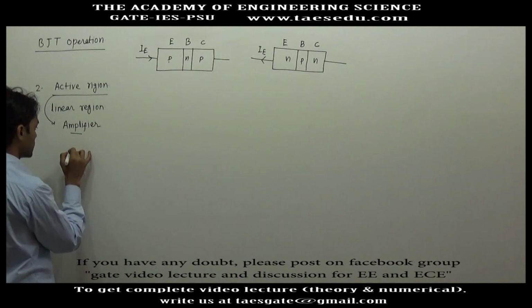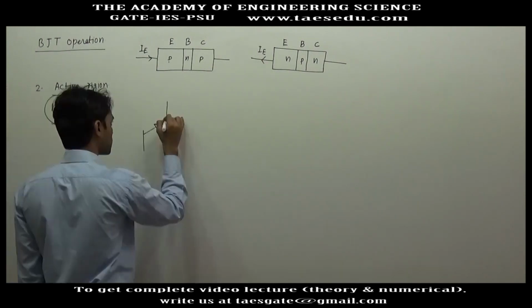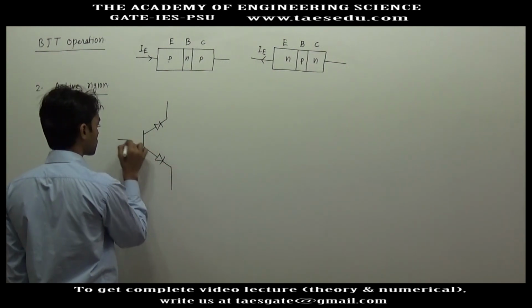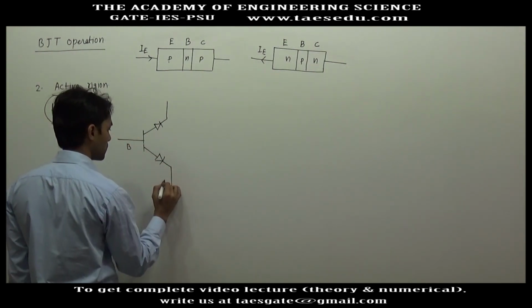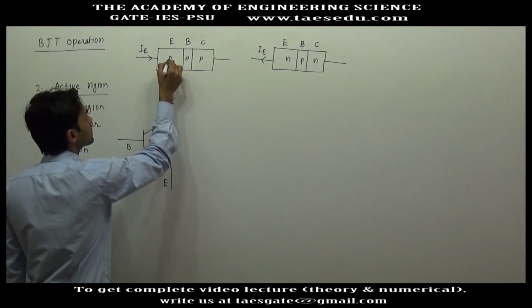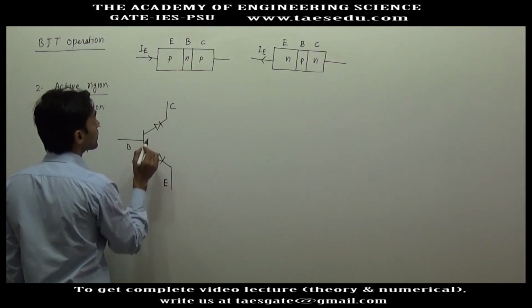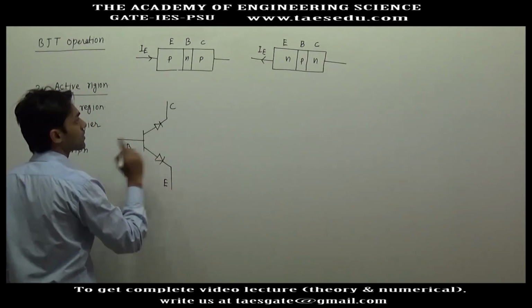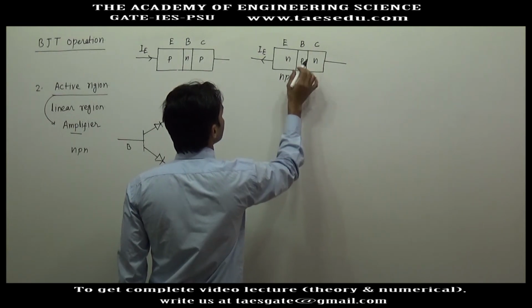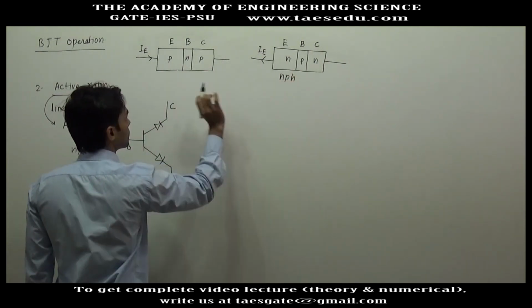For the NPN transistor, this is the diode model, this is base, this is emitter, this is collector. This is NPN and this is PNP.